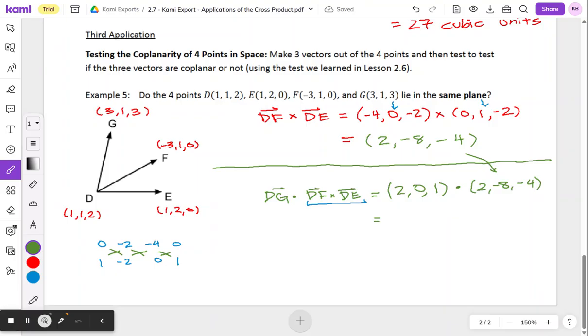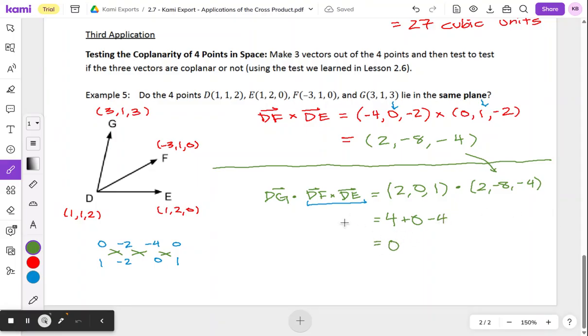The idea here is if this is going to be 0, it means my parallelepiped is flat, like someone stepped on it, that has no volume whatsoever, which means all 4 of these vertices, all 3 of these vectors are flat on the same surface. So let's see what happens, okay? So I have 2 times 2 is 4, then I'm going to have 0, and then I'm going to have minus 4, okay?